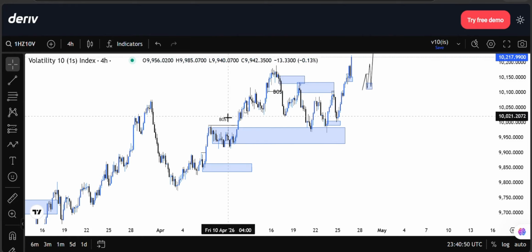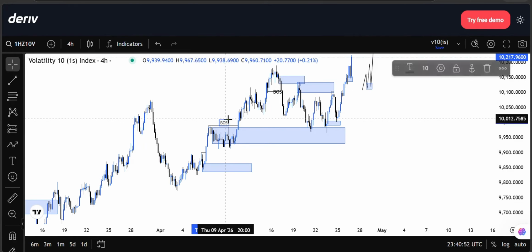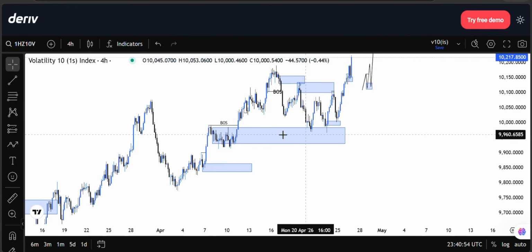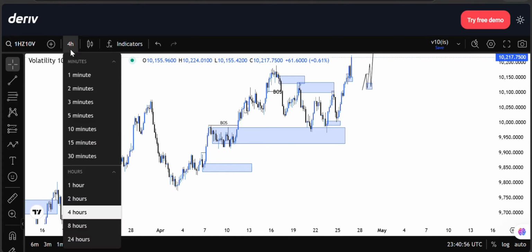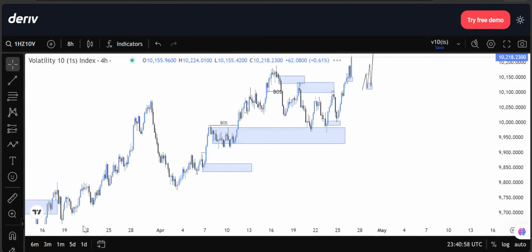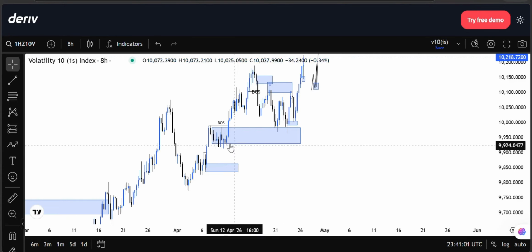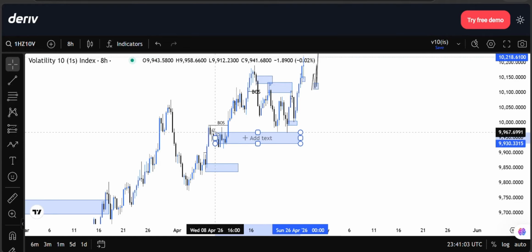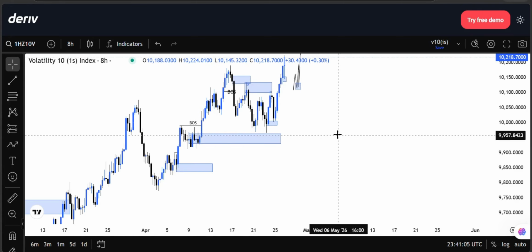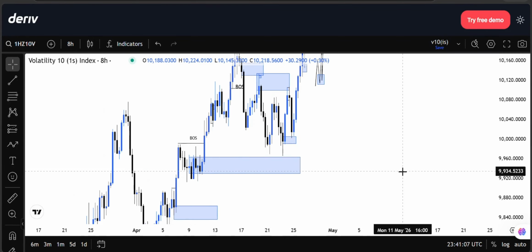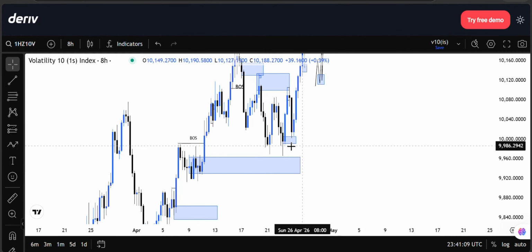Okay, so after this break of structure to the upside, this is the zone that caused the break of the structure. Okay, if we go to our 8 hours time frame, we saw that this is a demand zone. Okay, we saw that this zone actually caused that break of structure.